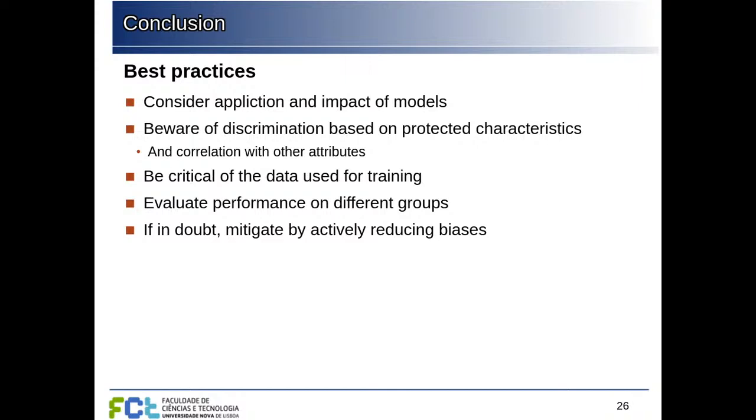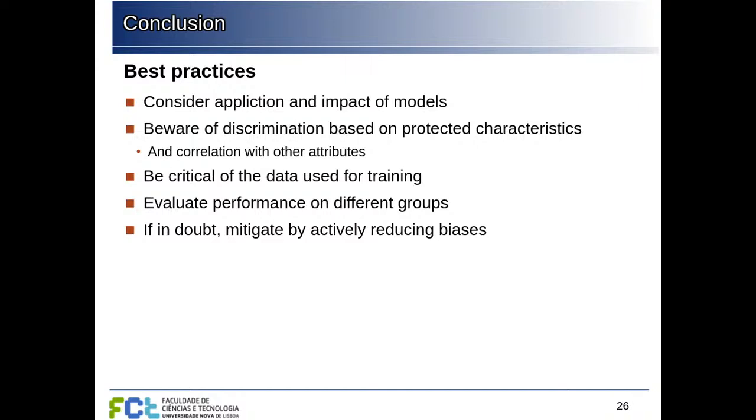of people. We also must be critical of the data sets that we are using, not only because the sampling may be incorrect, so we have something that is not representative of the population we are interested in, but also because the population itself may have biases that we want to avoid or to mitigate.